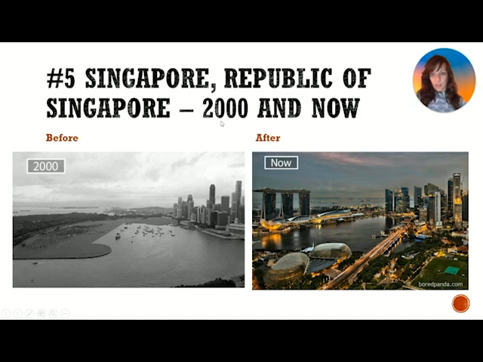Then we see a Singapore before and after picture. You can also see there's not just the buildings, but roads and a lot of different things. It's pretty much amazing.